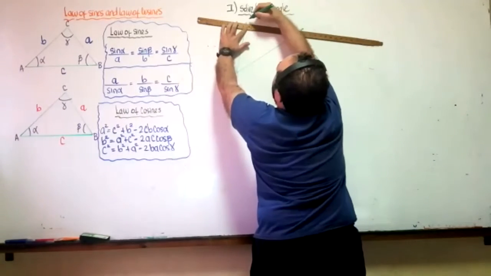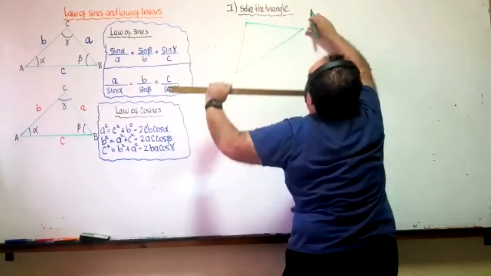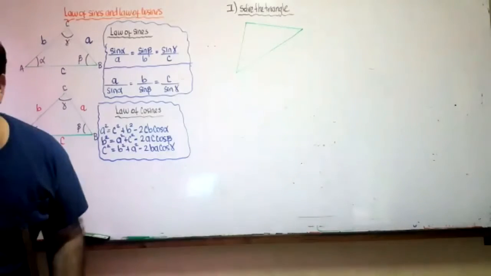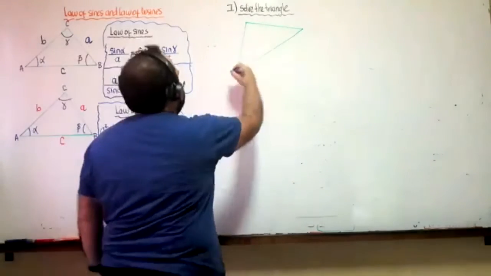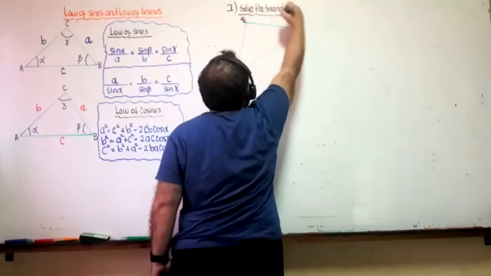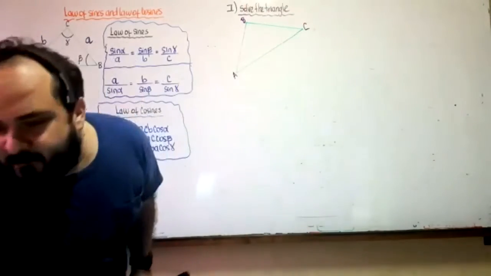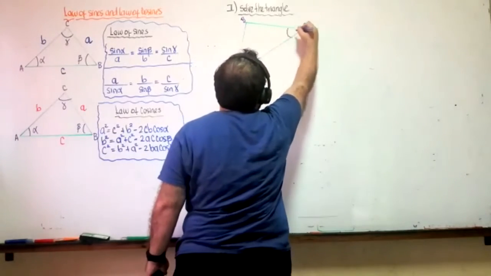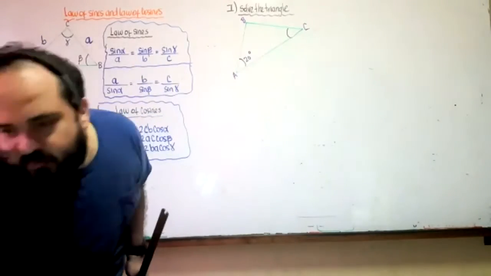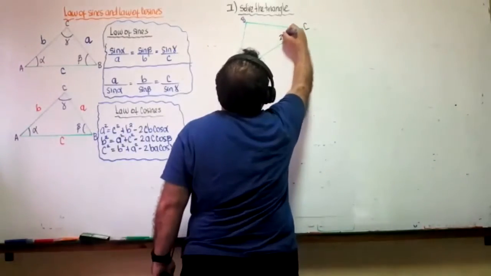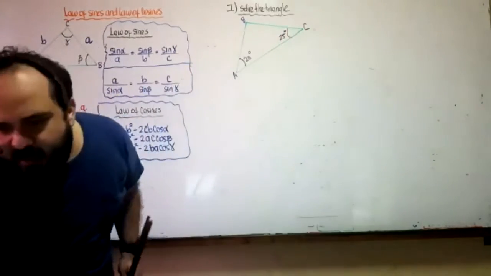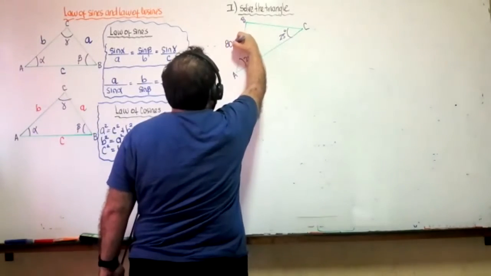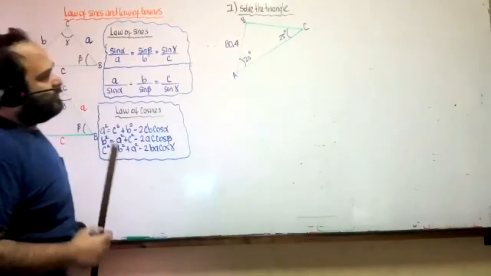This triangle has three vertices, A, B, and C. They gave us an angle of 20 degrees, this one is 25 degrees, and we have one known side, 80.4.